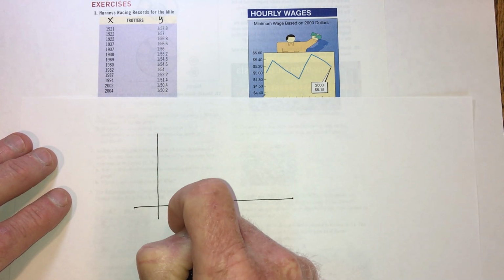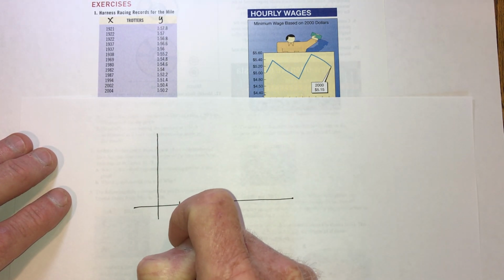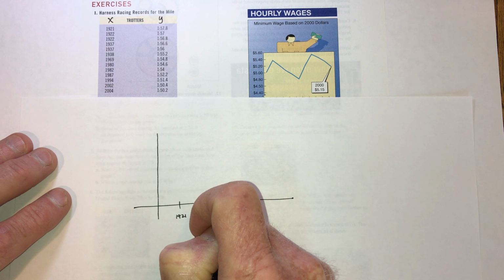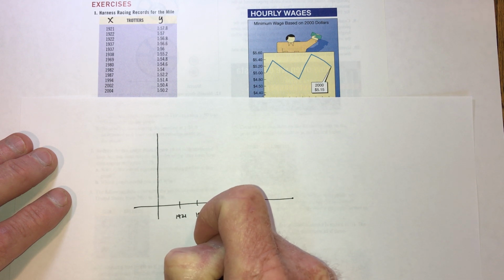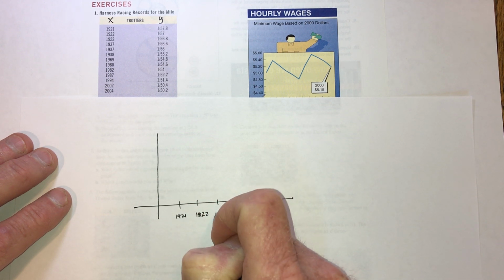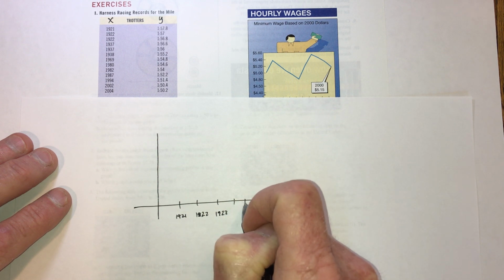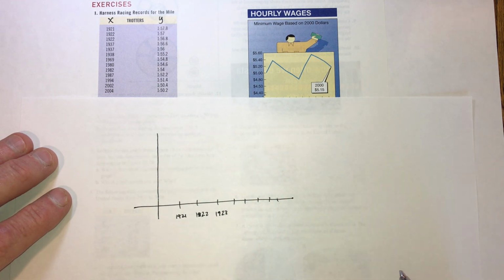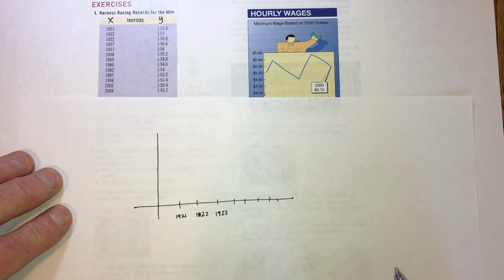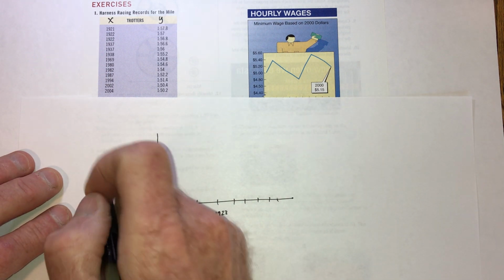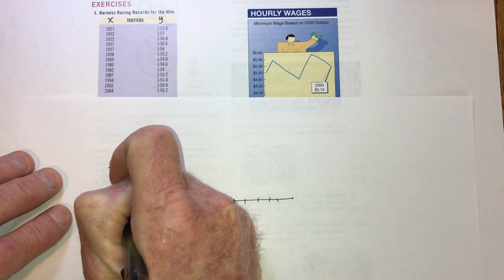So down here would be the years, 1921, 1922, etc., 1923, etc., etc. So here's the years. And then with a line graph, over here is going to be the time.